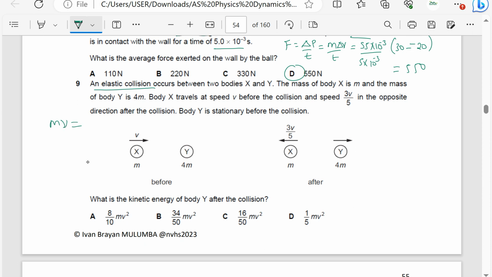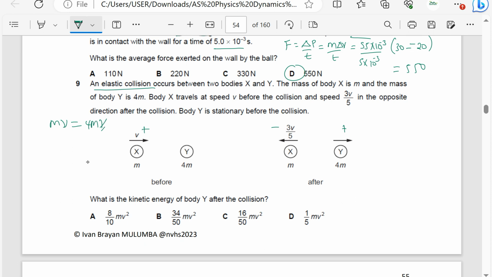Total momentum after collision is going to be for X, m times 3v over 5, but velocity to the right is positive, velocity to the left negative. So I will start with the positive. So it will be 4m times its velocity, which is not known.